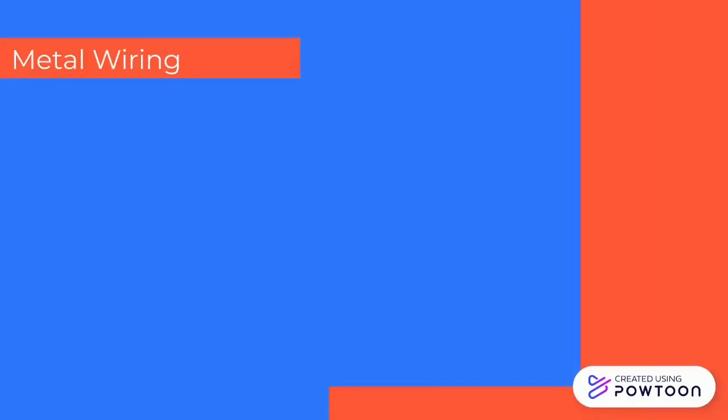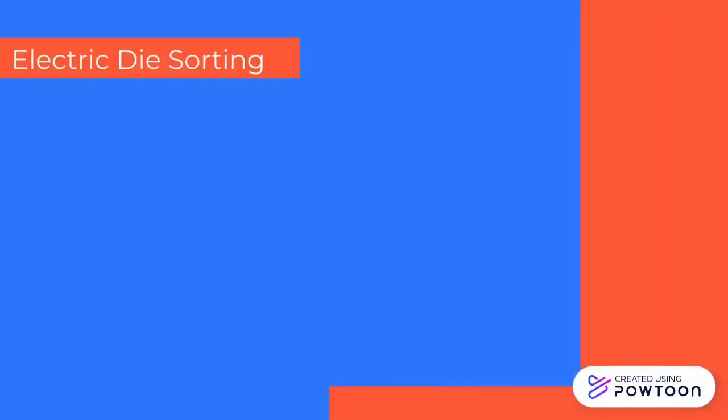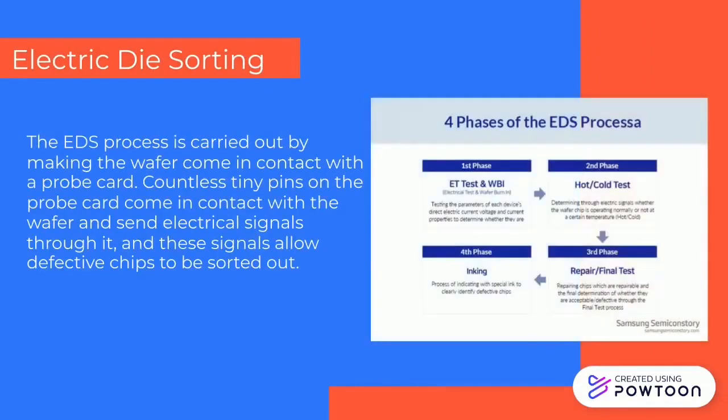Metal wiring is a process that allows electricity to flow by depositing a thin metal film using materials such as aluminium, titanium, or tungsten, so the electricity can pass through the semiconductor very well. Electric die sorting is carried out by making the wafer come in contact with a probe card. Countless tiny pins on the probe card come in contact with the wafer and send electrical signals through it, and these signals allow defective chips to be sorted out.